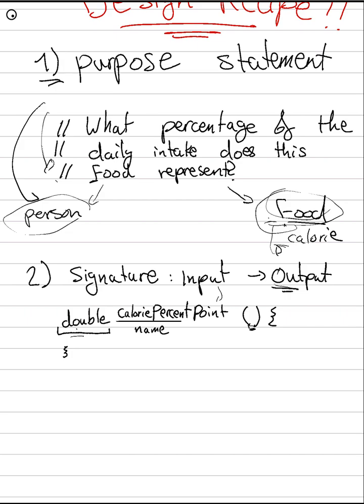Excellent. Step 3. Step 3 is examples. This is a super, super important step and one that a lot of people usually skip, but that's when you write code with bugs and with problems. You always want to have examples because you want to make sure that you actually understand what the method needs to do.